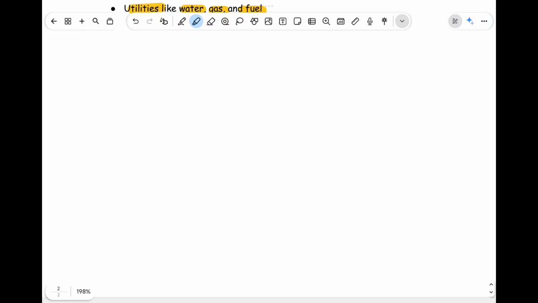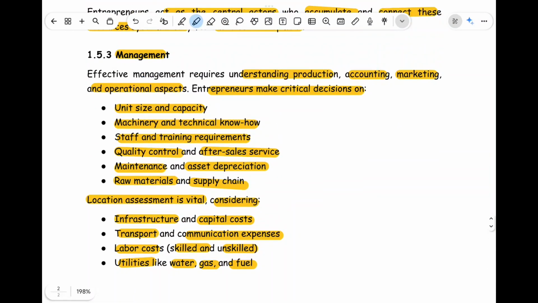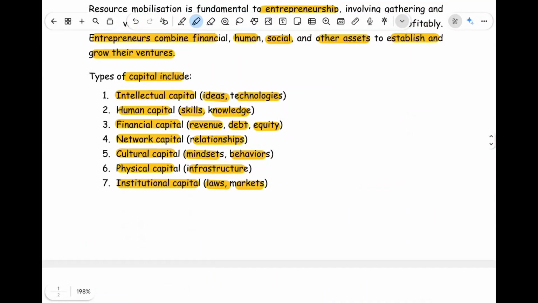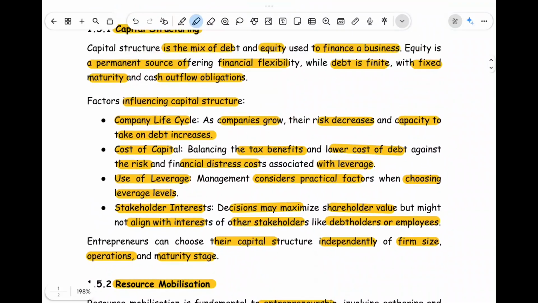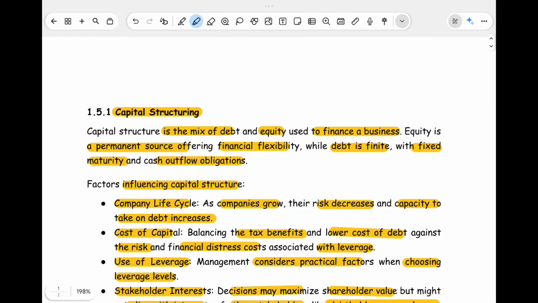So with this, we have completed this module as well. That is capital structure, resource mobilization, management. Okay, and I hope it will be very easy and very helpful for all of you. Once you have completed the entire series with me, you will get an overall idea about paper 20C, and you can write the exams in an easy way by understanding these terminologies.